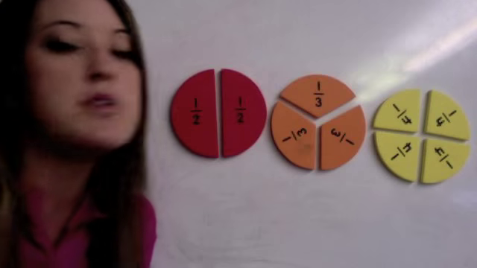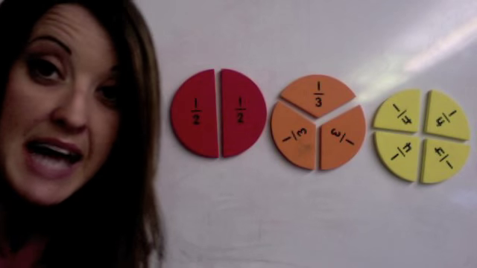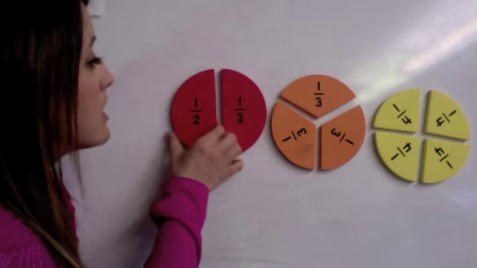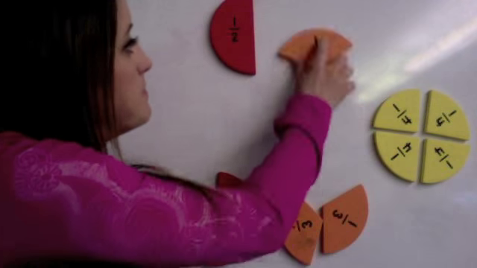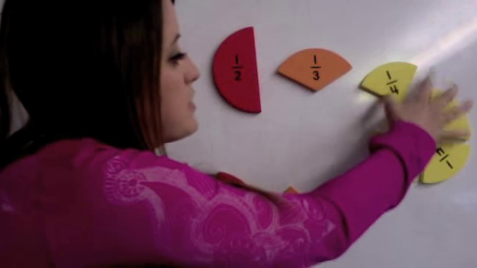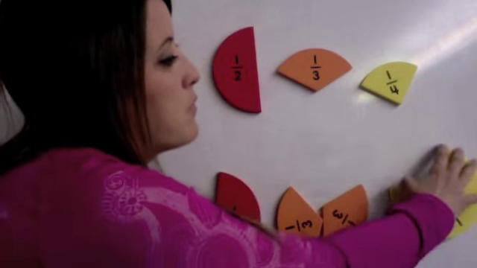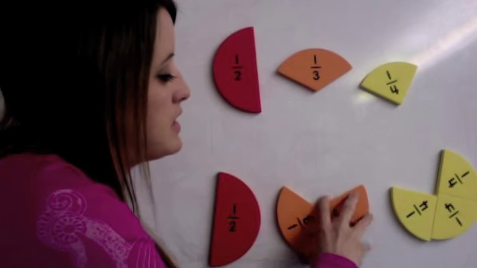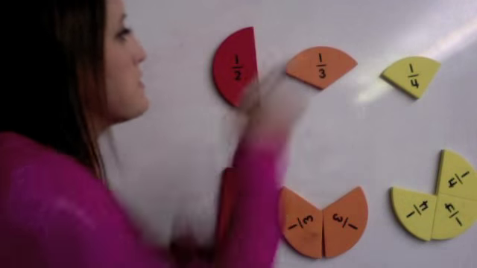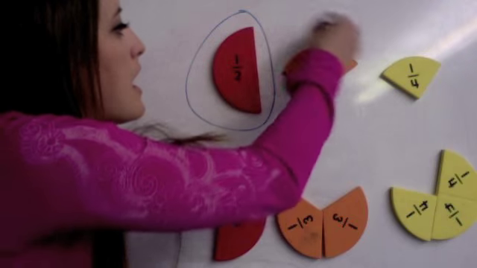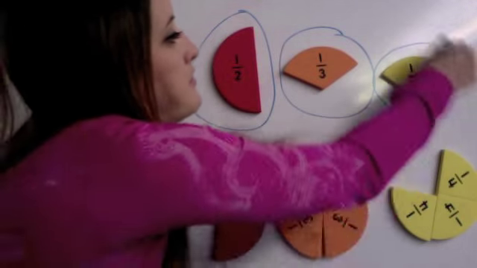Now I want you to look at the different sizes of these parts. Our halves, our thirds, and our fourths. So if I were to take one part of each one of these circles, and I want to just compare these right here. We got a half, a third, and a fourth.